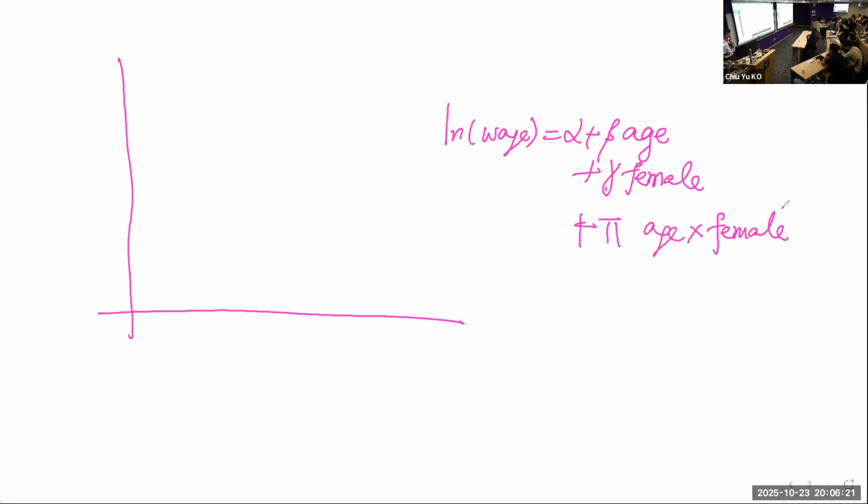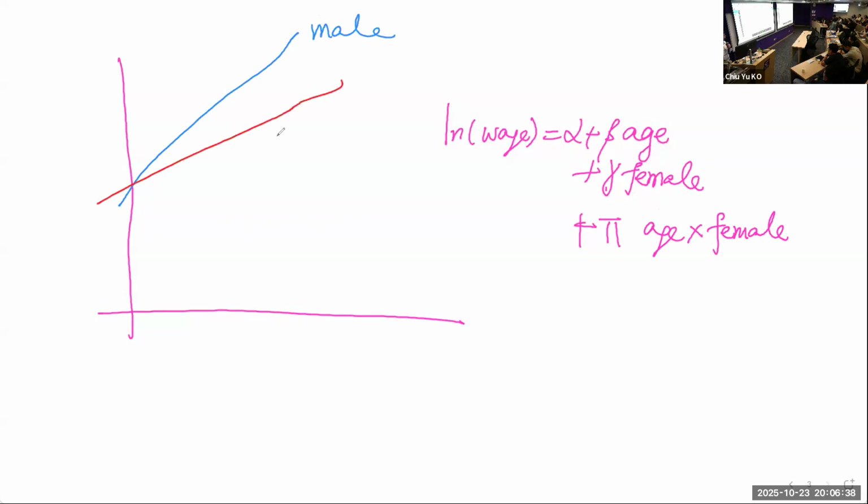What would happen when we estimate this is that we will have 2 different lines. One line is for male. The other line is for female.